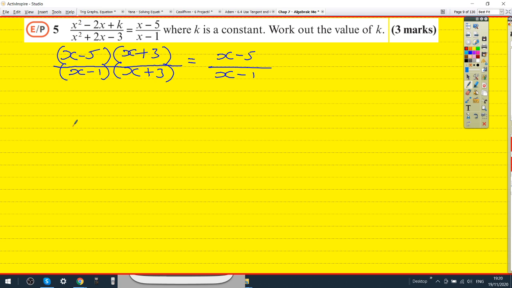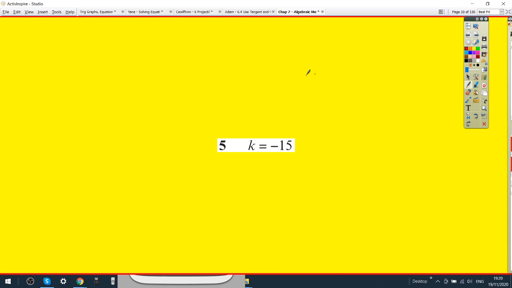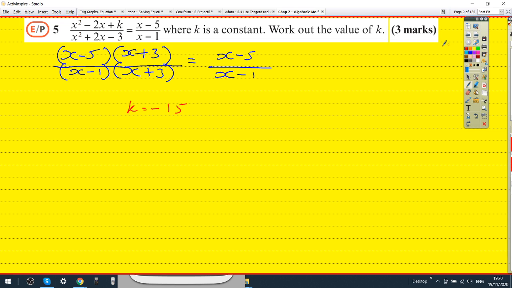It would be minus 15. Well done. That's it. There's probably a smart algebraic way of doing it. It's called inspection.